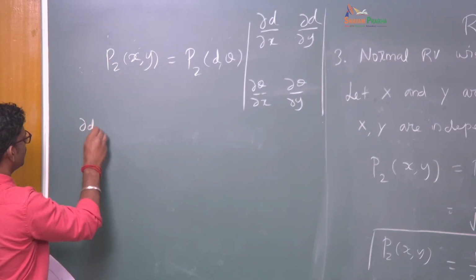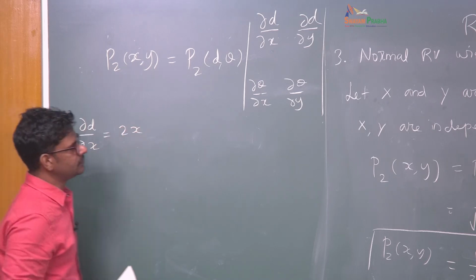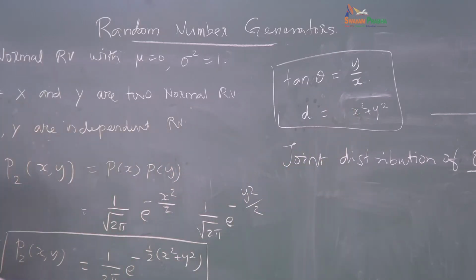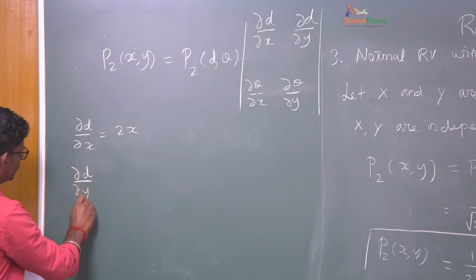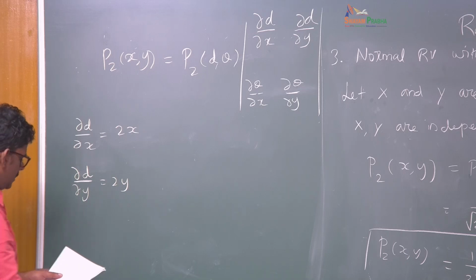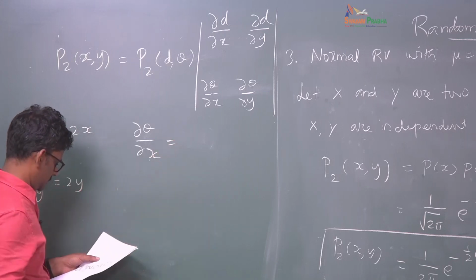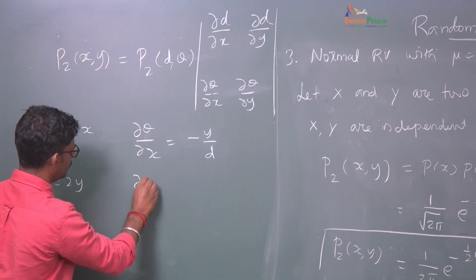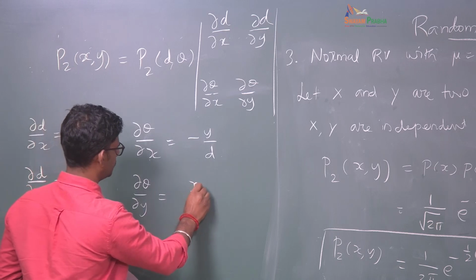So dou d by dou x is 2x, dou d by dou y is 2y, and dou theta by dou x, I get this as minus y by d, and dou theta by dou y, I get this as x by d.